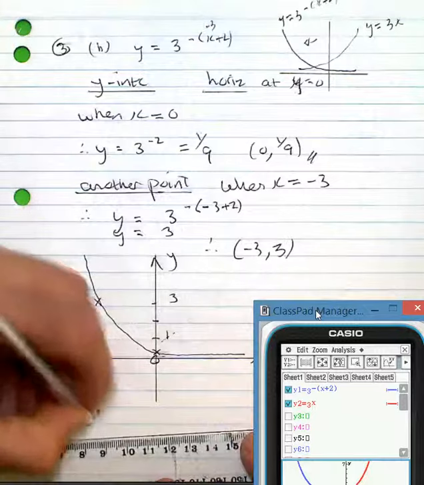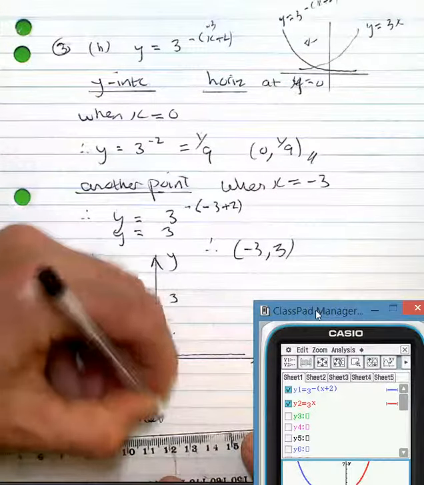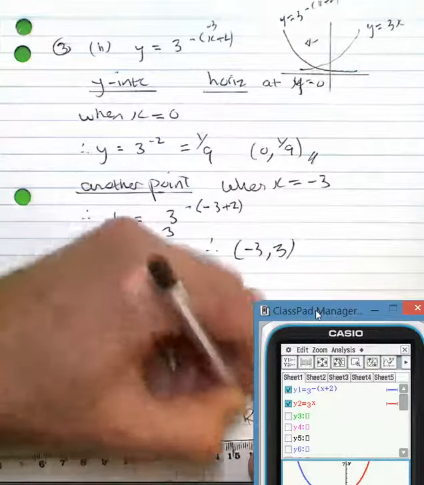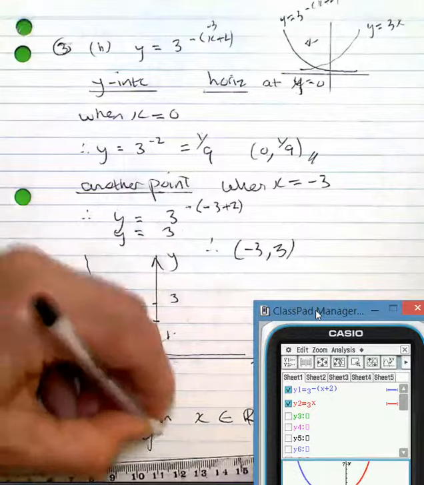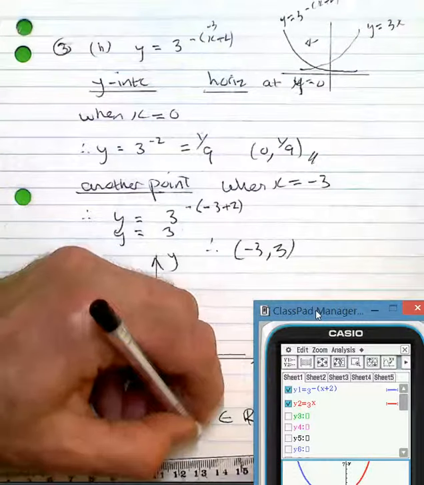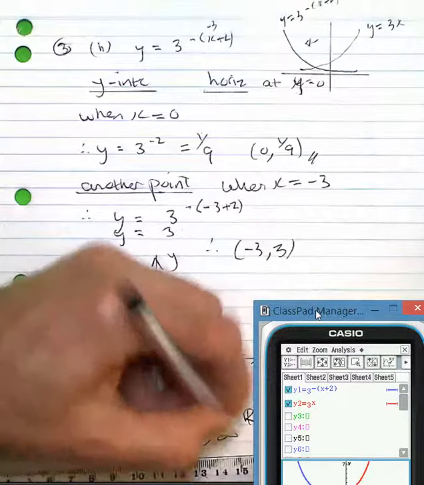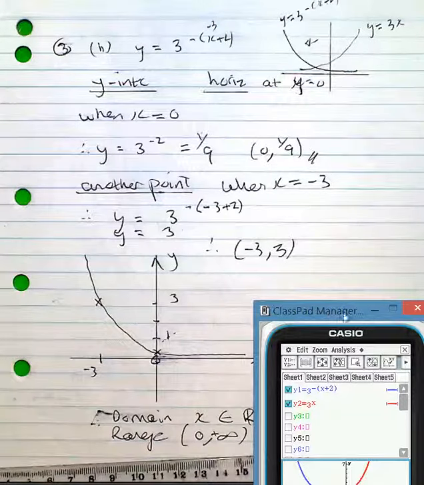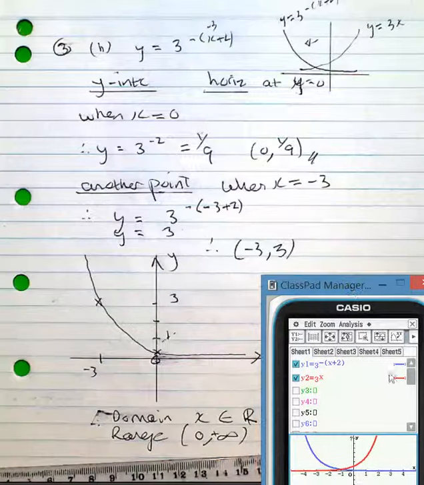So what I can say for the domain is element of the real numbers, and the range, well, that goes from 0 through to positive infinity. Take some time to look at that and work it through.